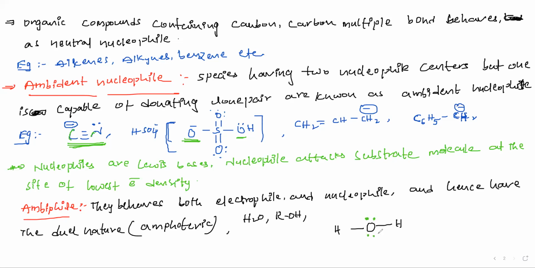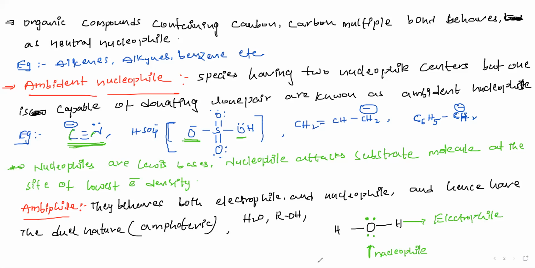If oxygen is bonded with another substrate, it will act as a nucleophile, because it can donate the electrons. From the water molecule, through hydrogen attack, it can act as an electrophile, because the oxygen can get the electrons from hydrogen, and obviously the hydrogen will get a positive charge.